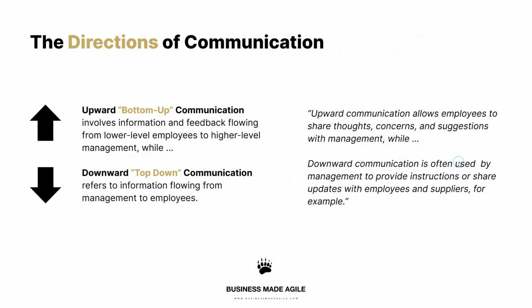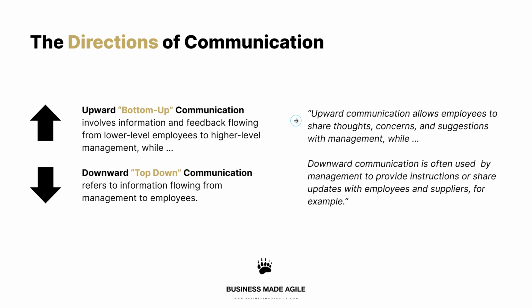The direction of communication affects the structural pattern selected for different types of messages. Upward or bottom-up communication involves information and feedback flowing from lower level employees to higher level management, while downward top-down communication refers to information flowing from management to employees.